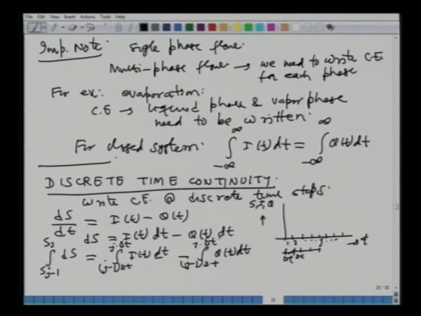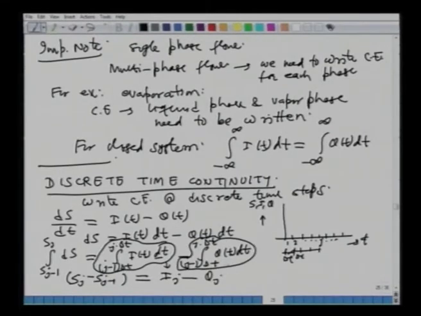After you integrate, it will be Sj minus S(j minus 1), and I represent this as Ij minus Qj. Whereas what is Ij? Ij is this whole quantity, and this whole quantity is Qj.